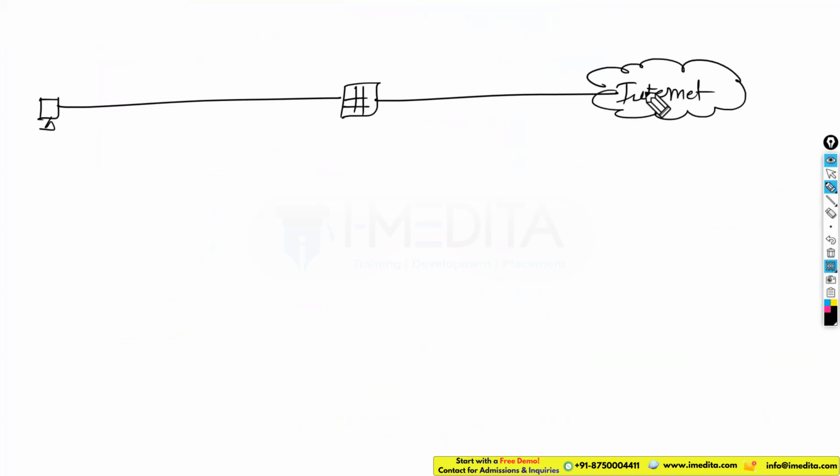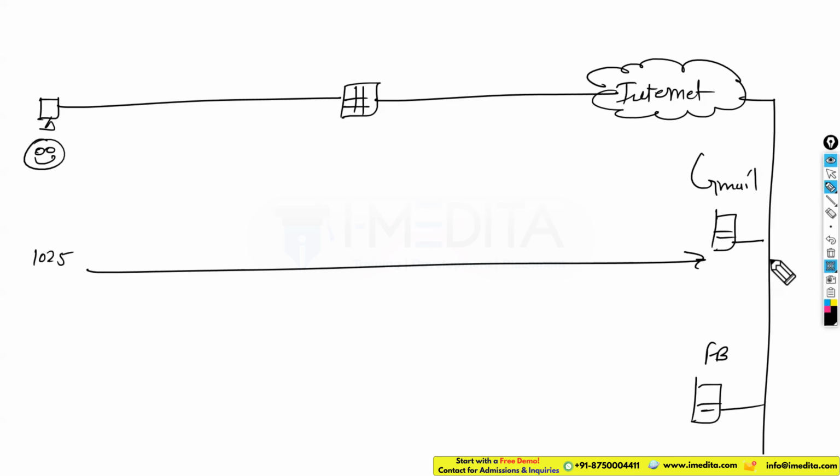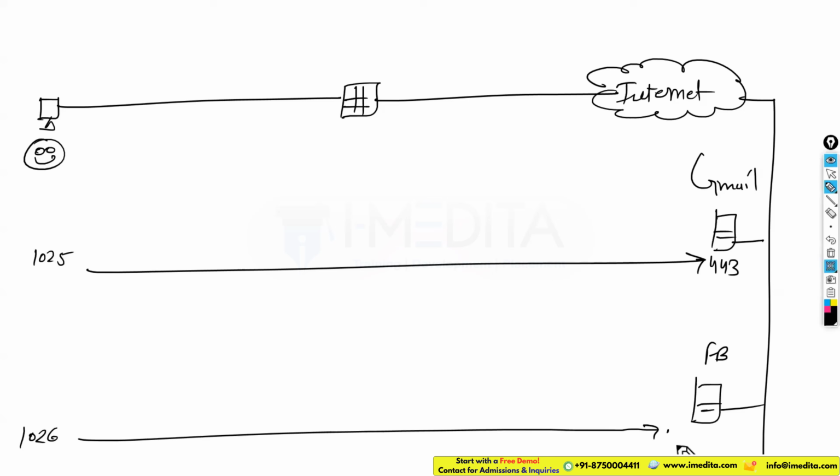Then we have public servers like Gmail and Facebook. The client from our LAN will use a dynamic port number and hit port 443 of Gmail. The client will use a dynamic port number and hit port 443 of Facebook.